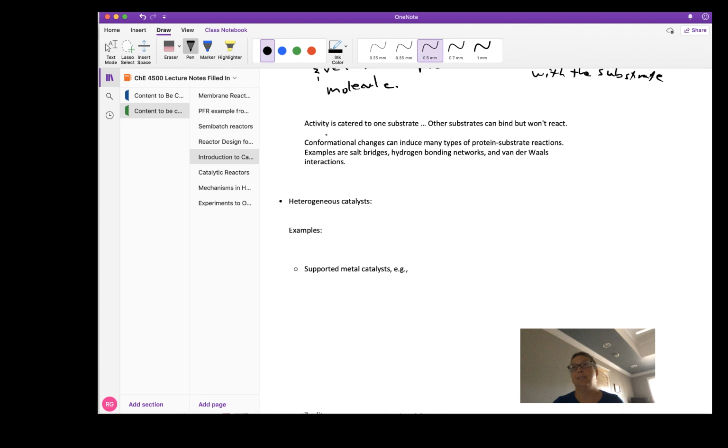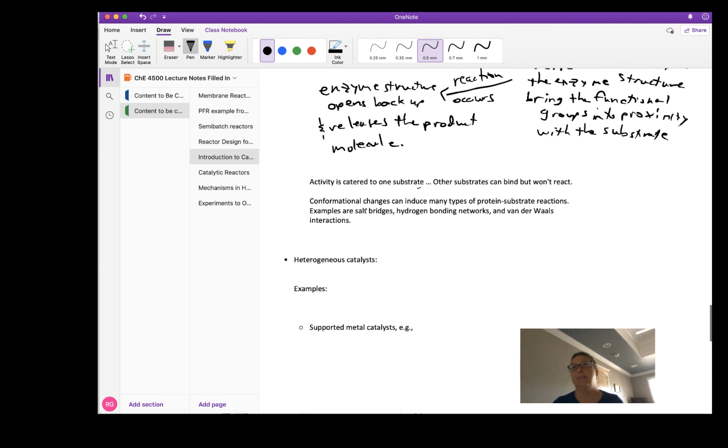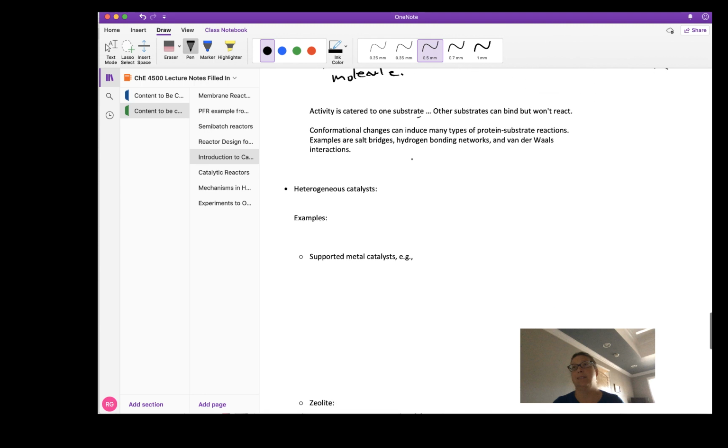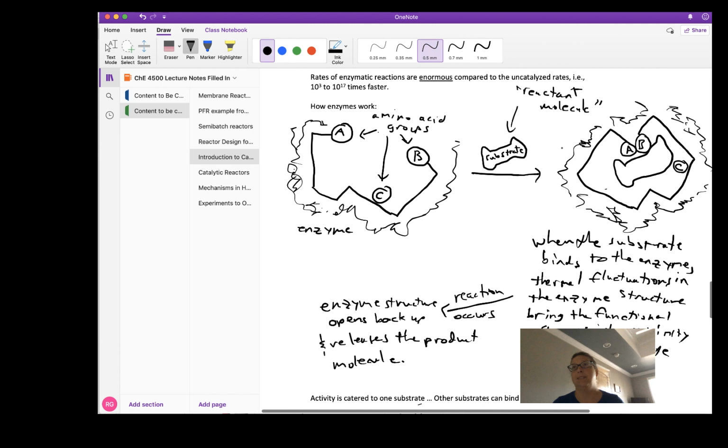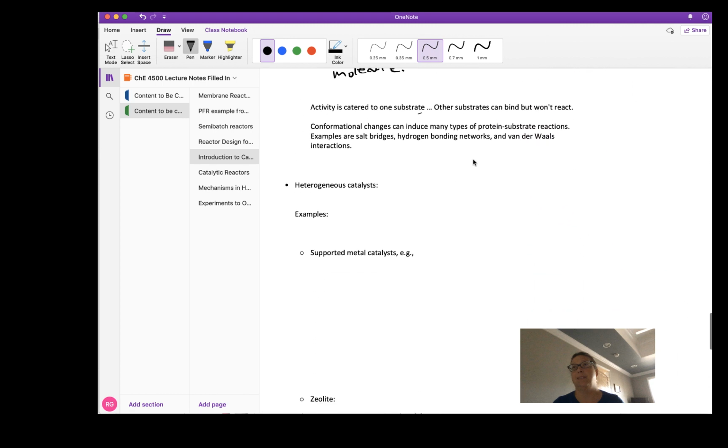So really, enzymes are very, very effective, but only when they're operating on the types of substrates that they are designed for. So the reaction is happening according to the conformational changes. So when this happens, we have a conformational change. There are many types of protein substrate interactions, such as salt bridges, hydrogen bonding networks, van der Waals interactions, etc.